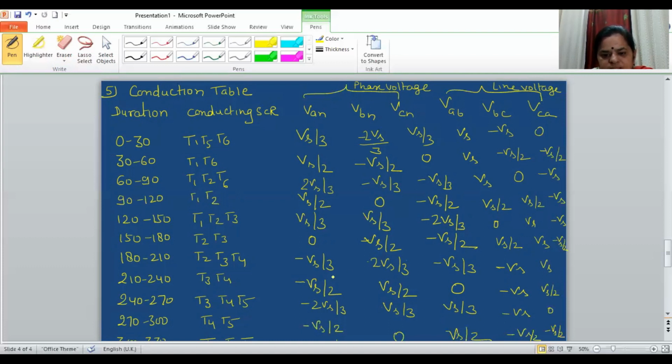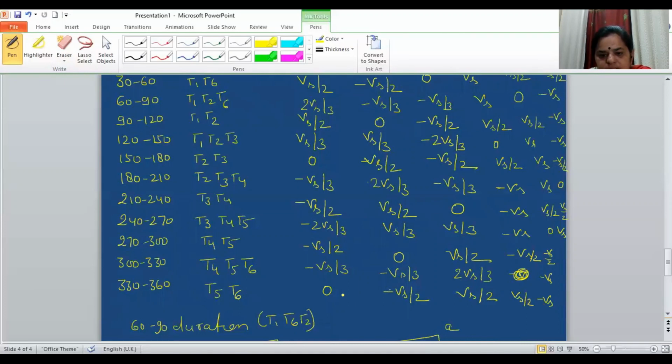And this minus this, what am I going to get? 0. And again Vs by 2. And this minus this, so Vs. Not minus Vs, plus Vs. And this minus this means Vs.